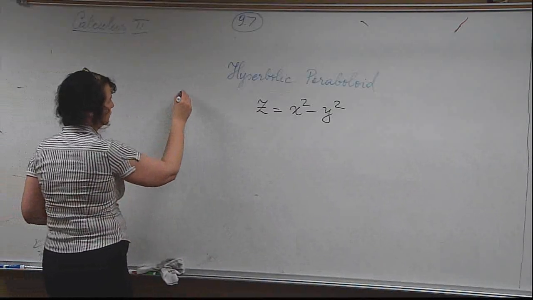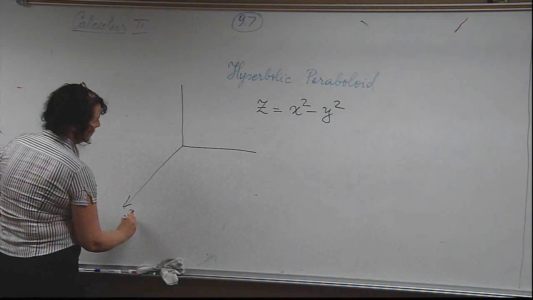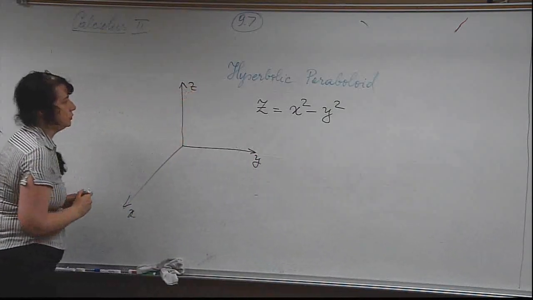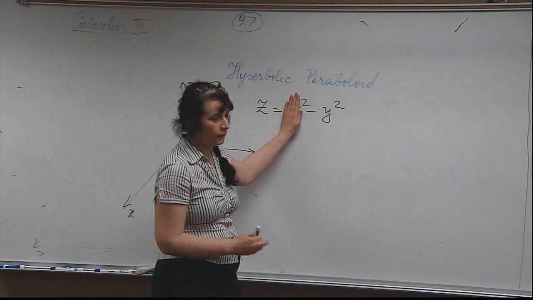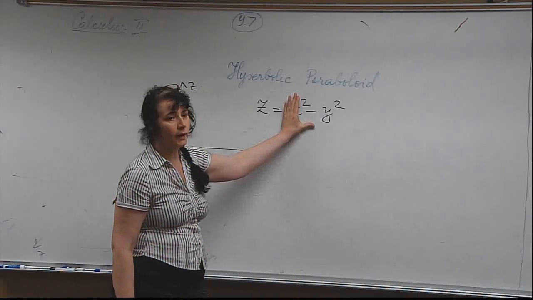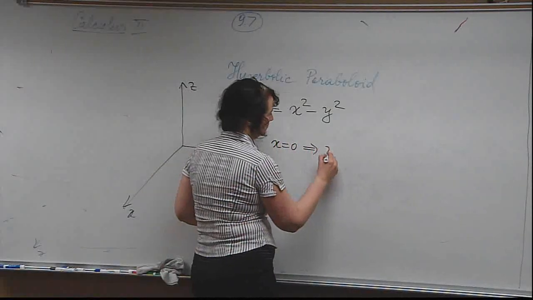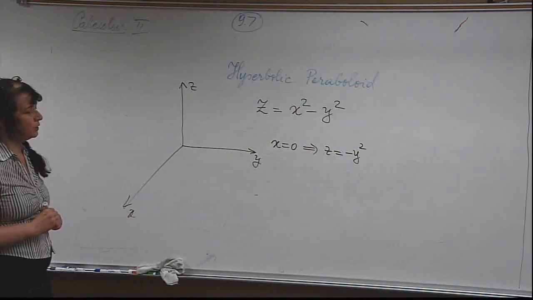So I will try again and draw it. It's not so easy to draw. If I were to choose x to be 0 and draw exactly in the plane of the board, z equals minus y squared would be some coordinate line, right?